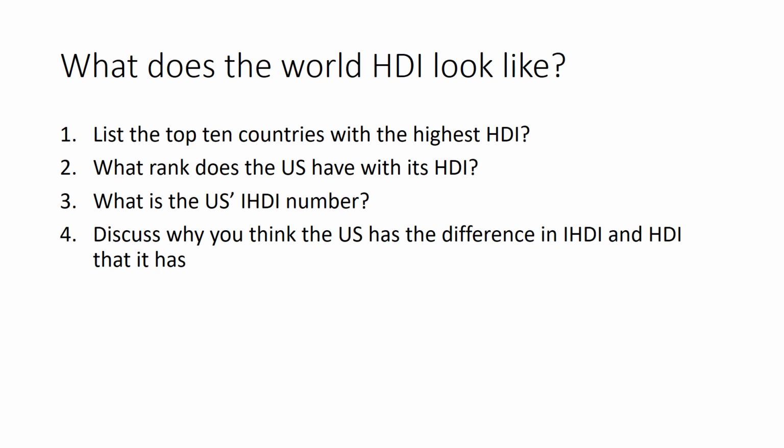So you should be bringing up topics like health, access to knowledge, and the amount of money we make. That's it. Have these things done before you come to class tomorrow, and have all these notes written down. If you were confused about anything, please feel free to go back in the video and rewatch the stuff.